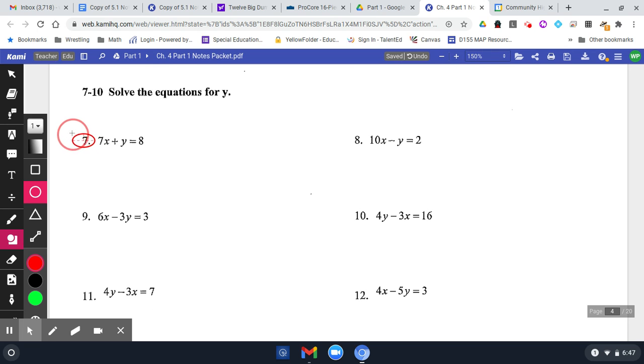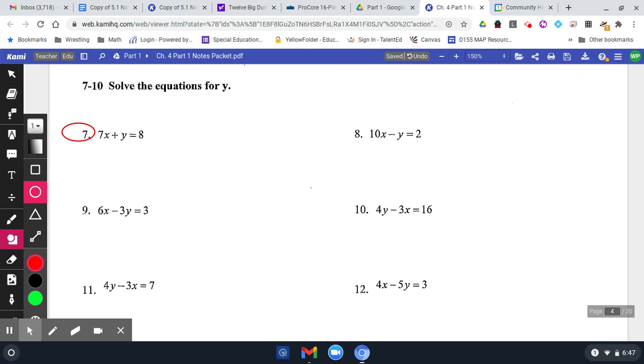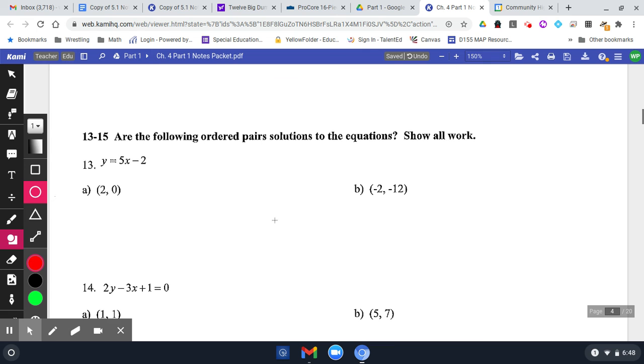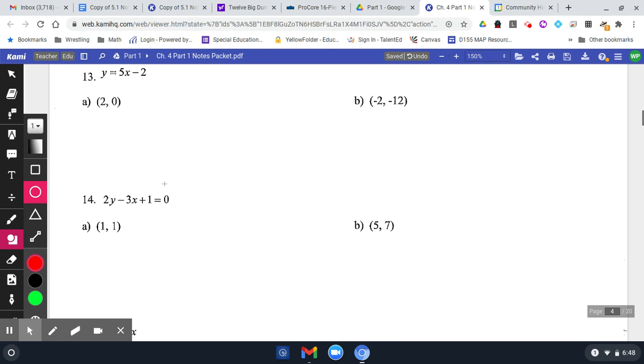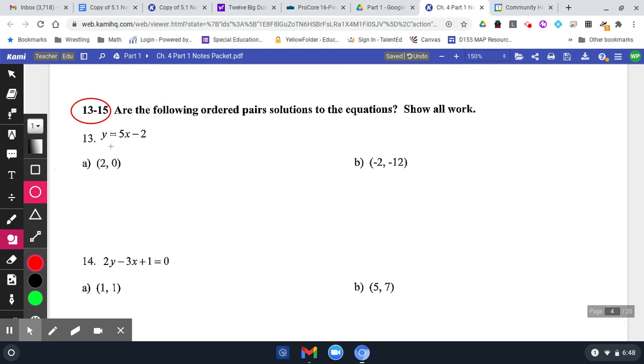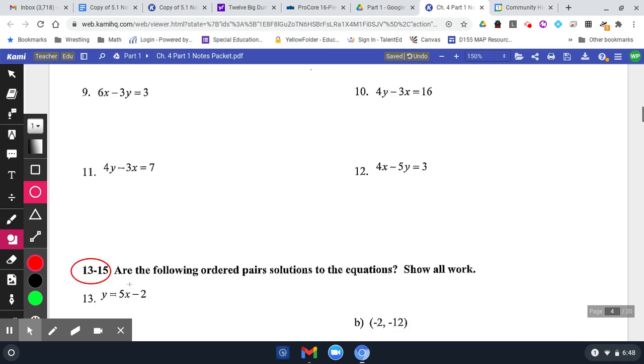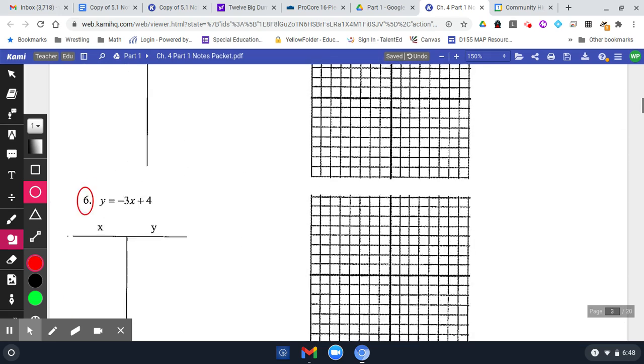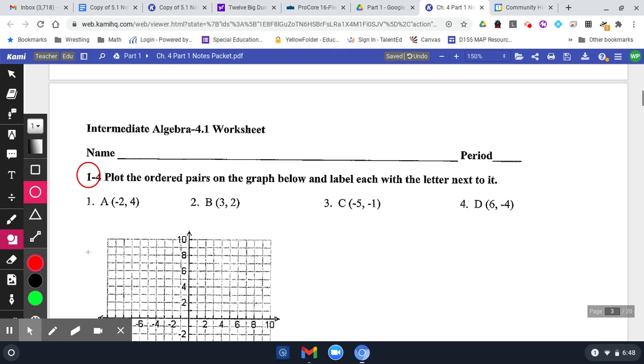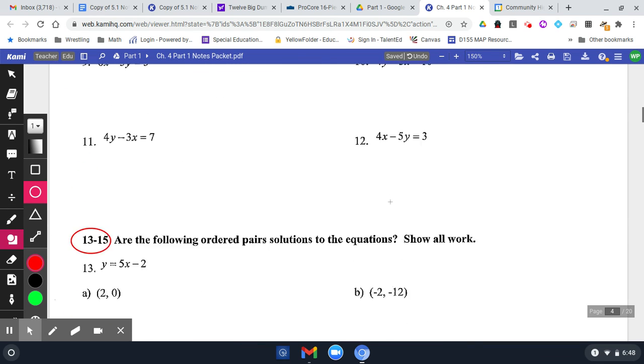You're going to do 7, a 1-stepper. And then you're going to do this whole section and say whether there are solutions or not. So you plug 2 with 0 in, tell if it's a solution, negative 2 with 12 in, solution. So that's your homework. You got 9 problems to do.